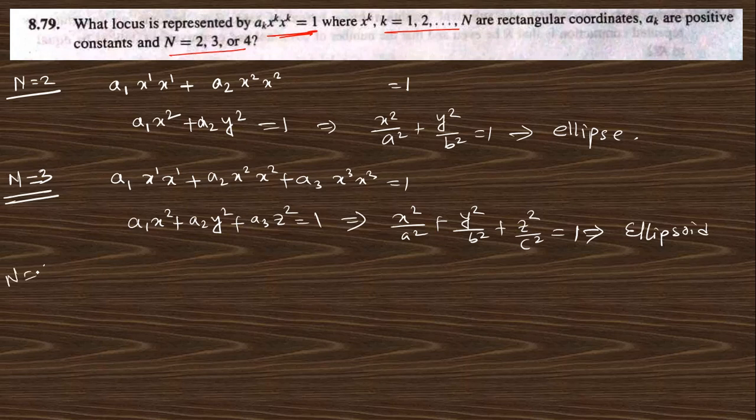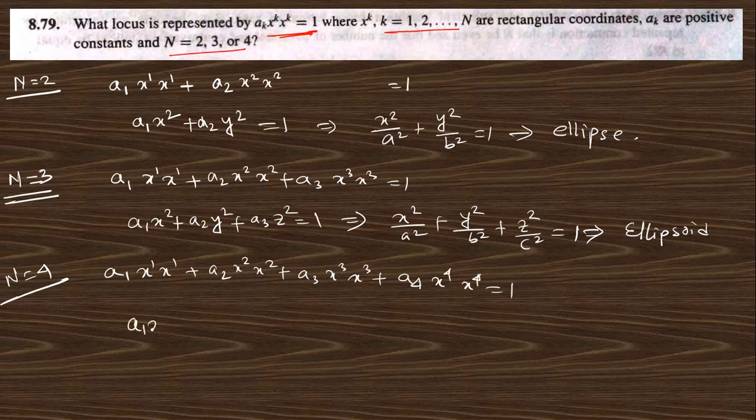And for n equals 4, then this will be like that. That is, 4 terms arise in this equation. So a4 x4 x4 equals 1.